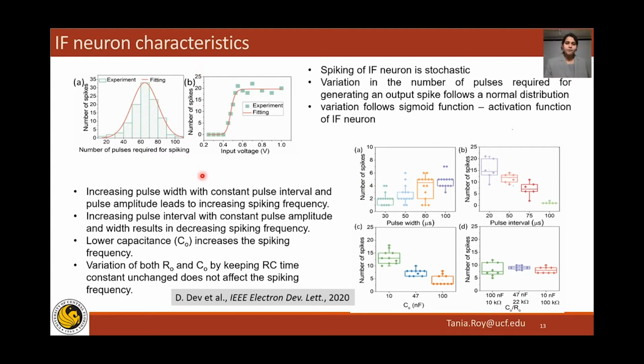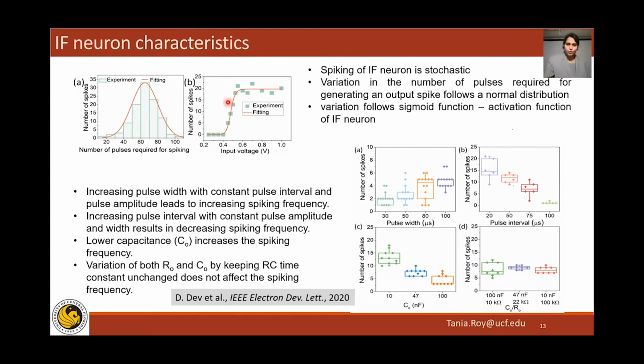Then another thing is that the spiking, even though it is stochastic, follows a deterministic trend with respect to the pulse input parameters. So for example, if we increase the pulse amplitude voltage, then the firing will increase.